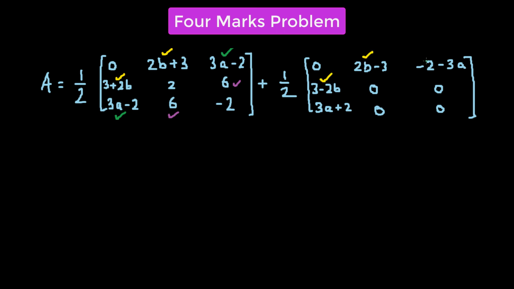This one matches. Negative of 2 minus 3a must be positive 2 plus 3a, and negative of 0 is 0. So there we go. So we have expressed matrix A as a sum of a symmetric and a skew-symmetric matrix. That's it.